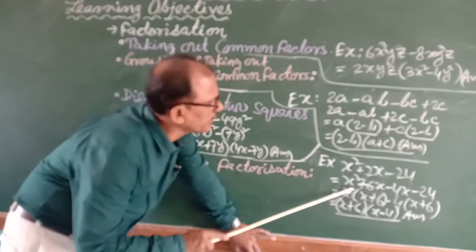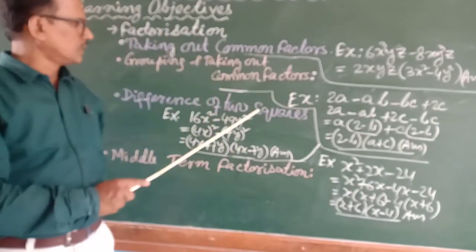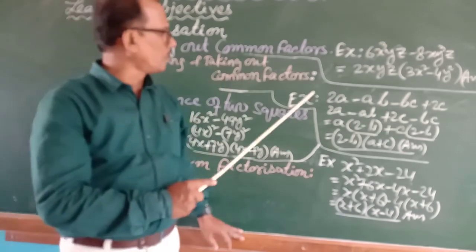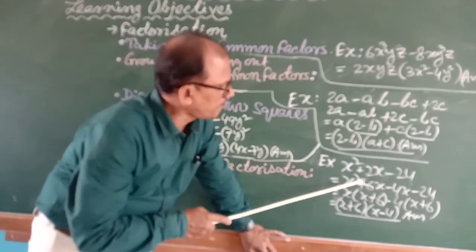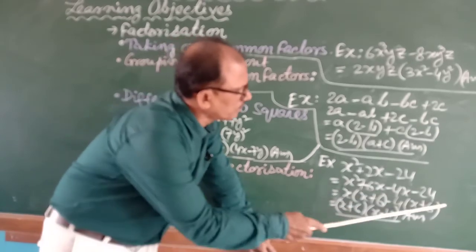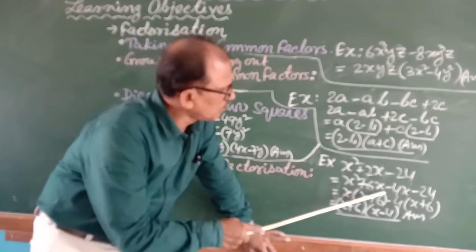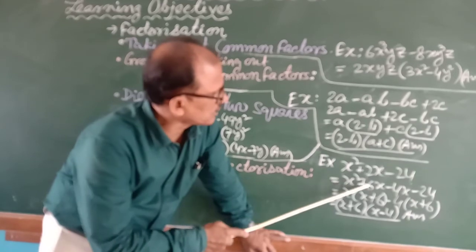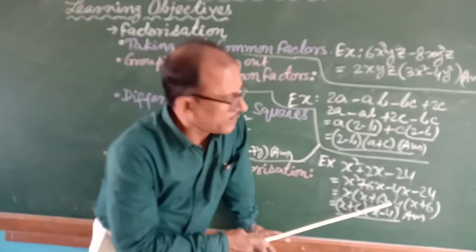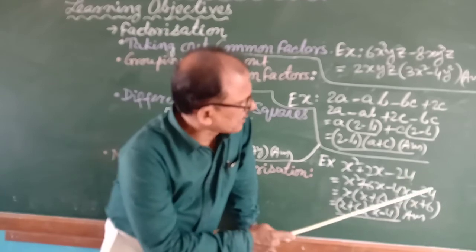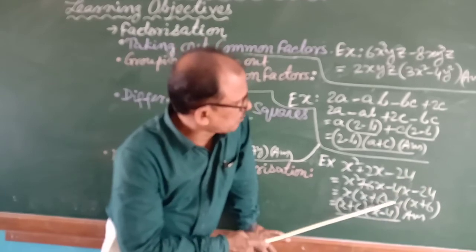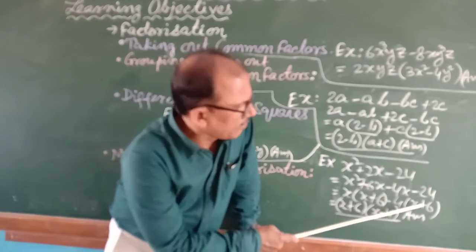Now these two terms, again in this procedure you will find taking out the common by grouping. You have to group it. These are the 4 terms. You group it. These two are grouped, these two are grouped. In these two, what is common? X is common. X plus 6. Now here minus 4 is common. Then minus plus will be minus. So minus 4 common, x remains here. Here you have to make it plus.